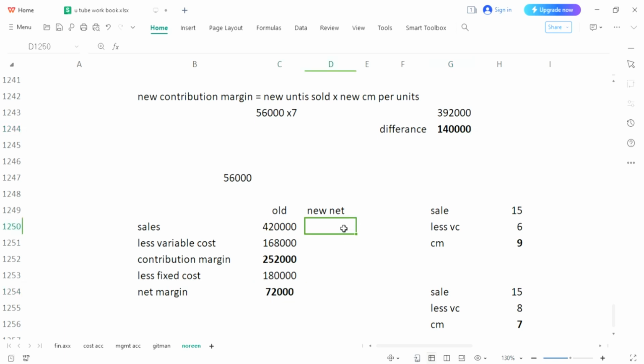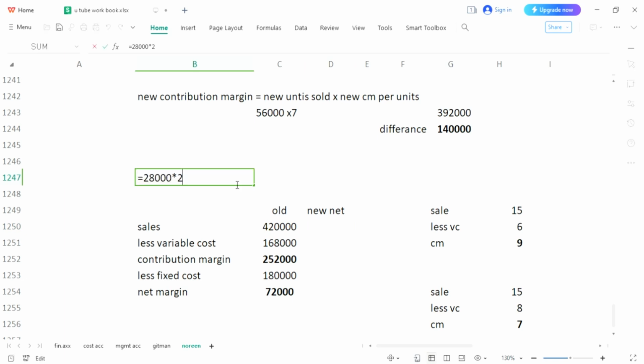Now for the new, units will be doubled, that you have seen over here. We have doubled the number of units. 28,000 were old, we have multiplied it by 2 to get it doubled. So 56,000 would be the units, and this is your new sale price, which is 15.